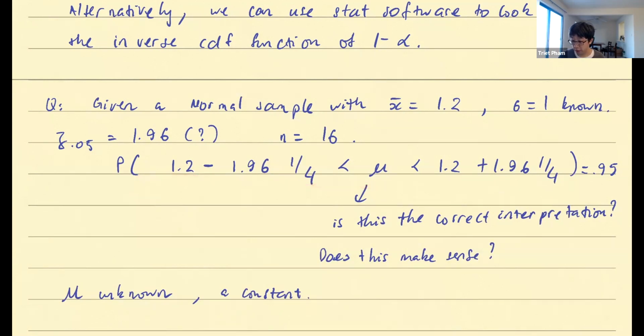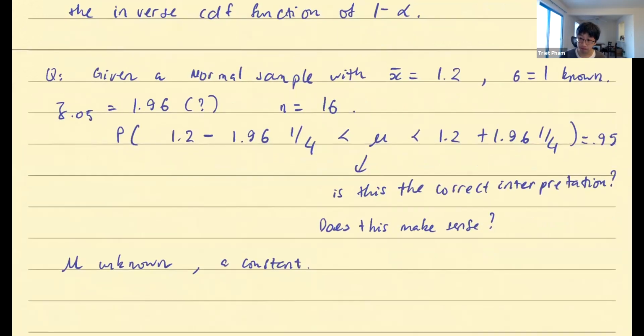What do we mean by 95%? 95% what? How do we explain that? Anyone know?